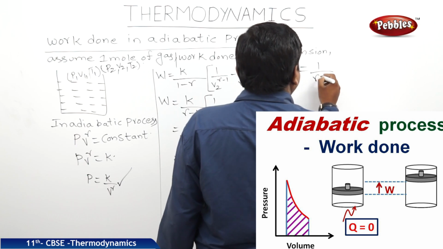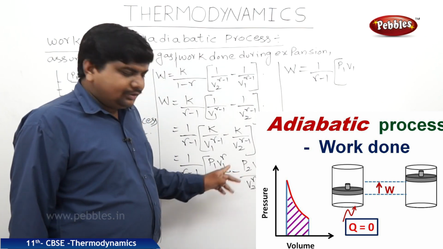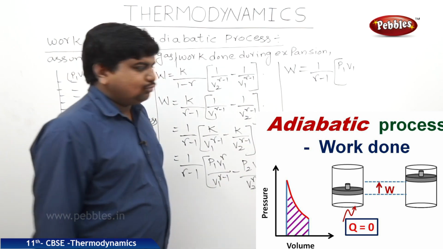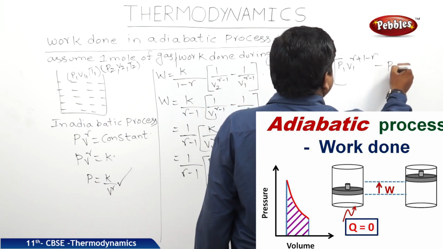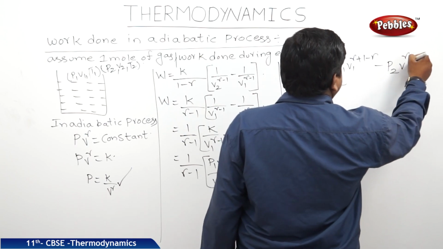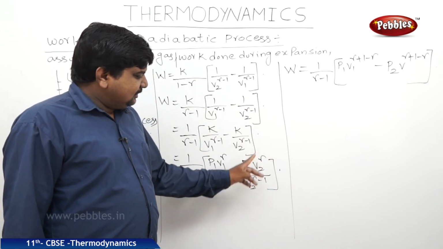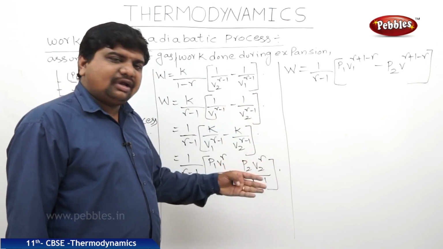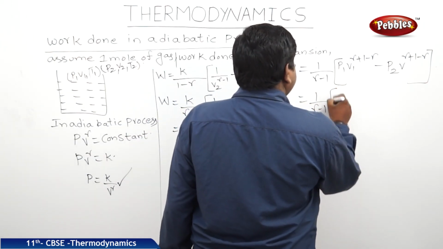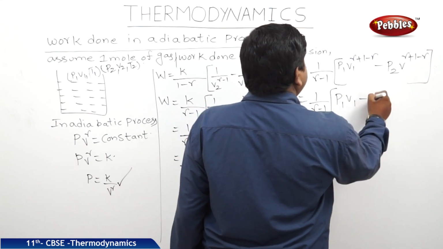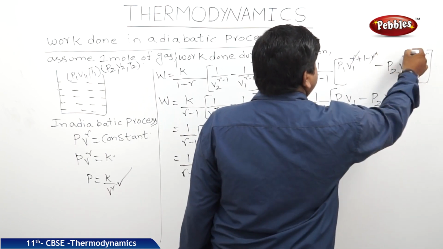So therefore 1 by gamma minus 1 into P1 into V1, this is gamma, and if this goes up, 1 minus gamma, plus 1 minus gamma, minus P2 V2 gamma plus 1 minus gamma, because here it is also V2 power gamma minus 1, if it goes up, 1 minus gamma, because V2 power of minus gamma minus 1. So it is 1 by gamma minus 1 into P1 V1 minus P2 V2. Gamma, gamma, gamma, gamma get cancelled.